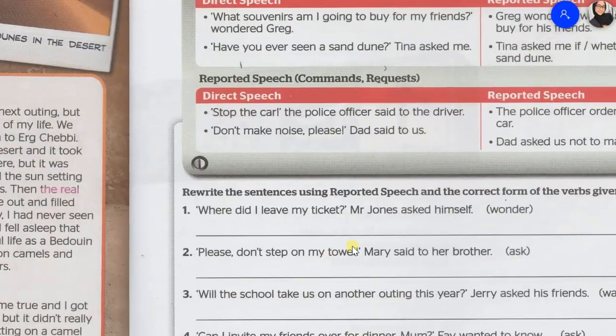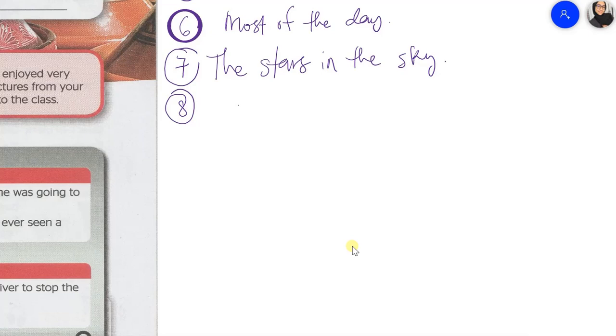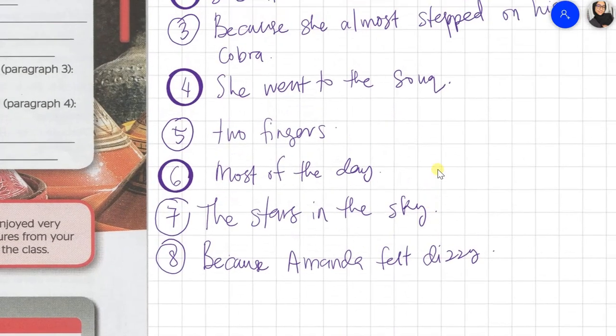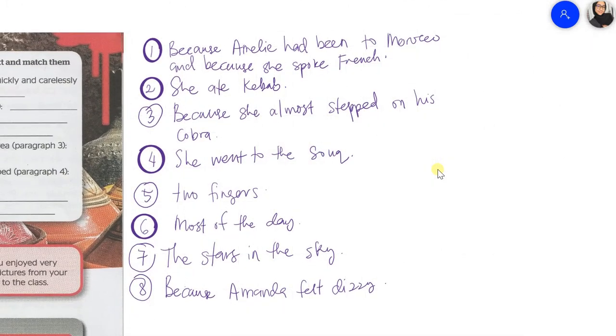So she got off the camel because she felt dizzy. Felt dizzy. So there you go. That's the answer. Okay, maybe you could structure your sentence differently.